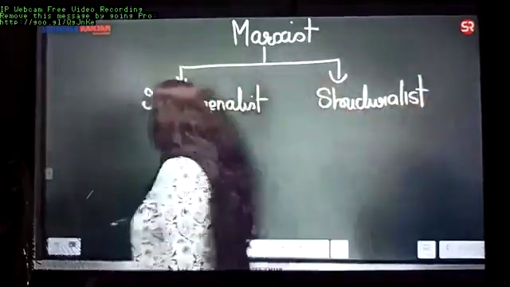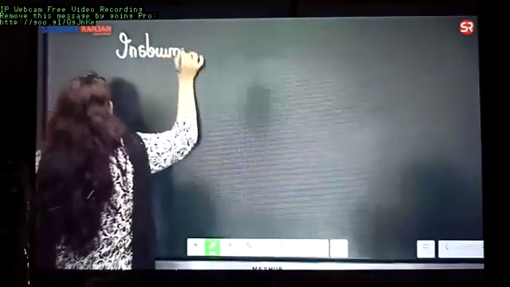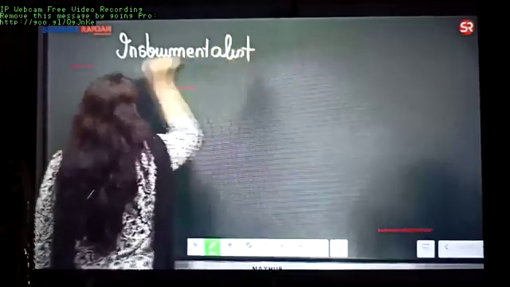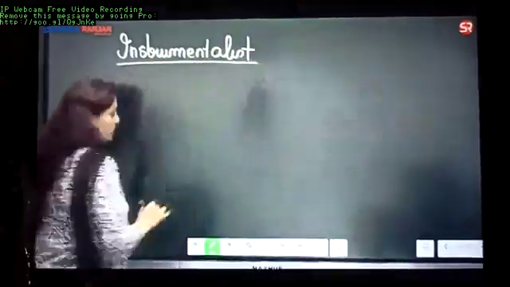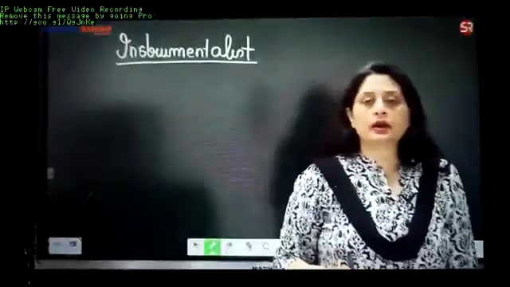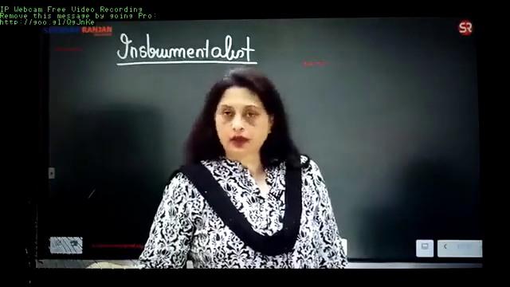Instrumentalist and structuralist. So let us see the instrumentalist perspective. So instrumentalist perspective means the state as an instrument of the capitalist class.